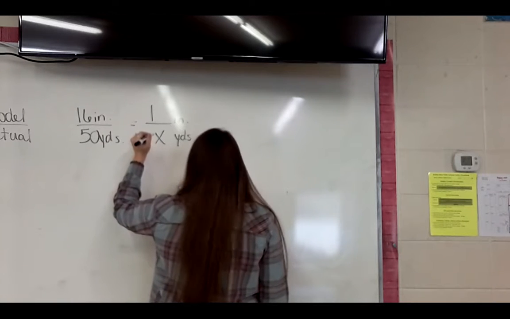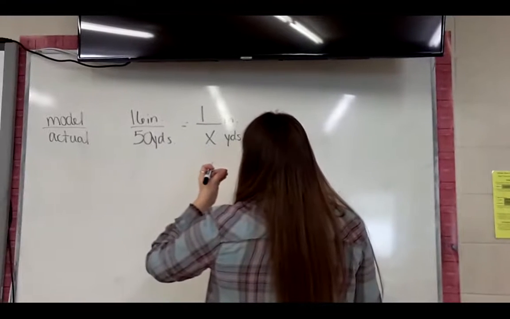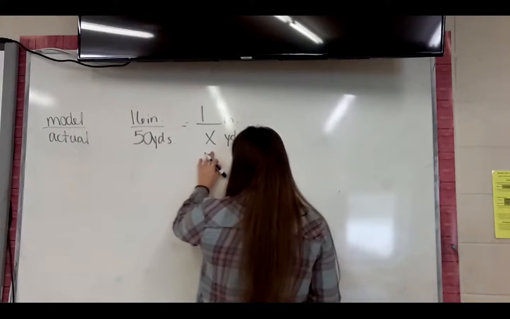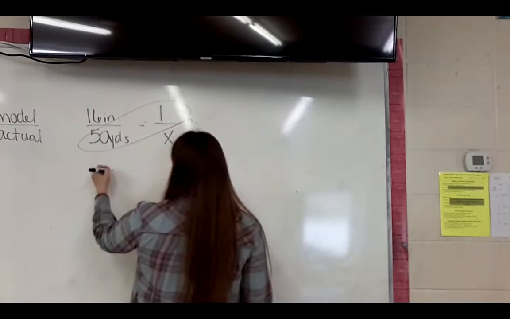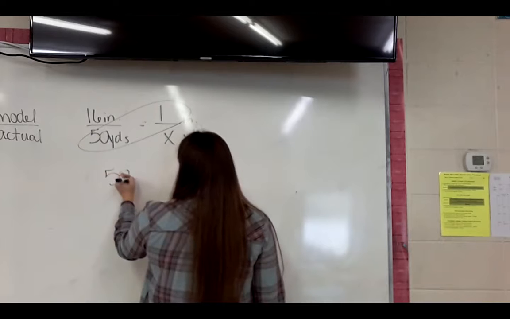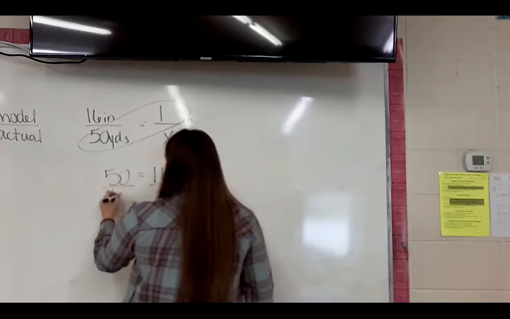So 1 over what we're looking for. Okay, so we cross multiply. 50 times 1 is 50 equals 16x. We divide both sides by 16.